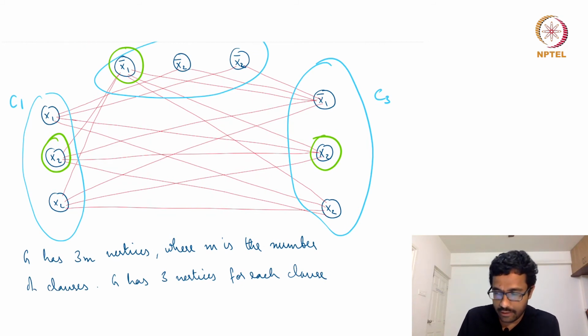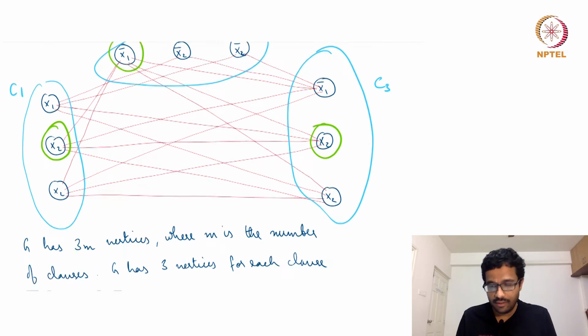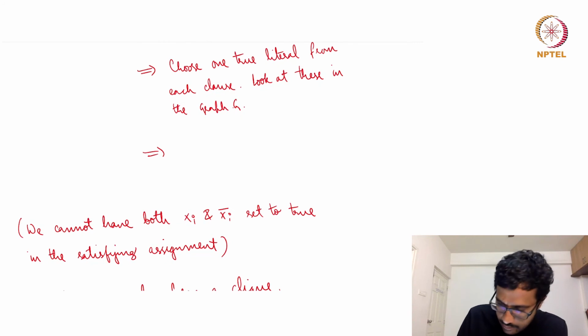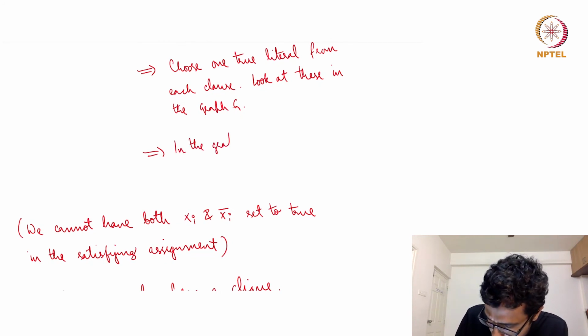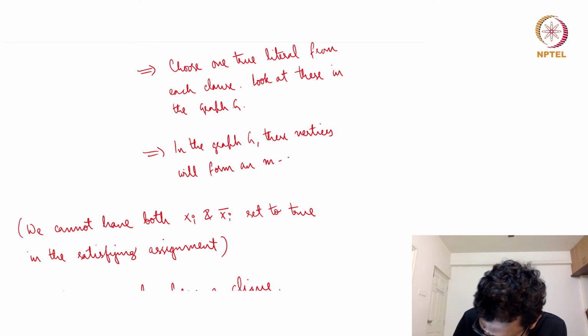So these are the only conditions that we wanted to have edges between them. They should be in different groups, and they should not contain any i such that xi and xi complement are both there. So in the graph G, these vertices will form an m-clique.